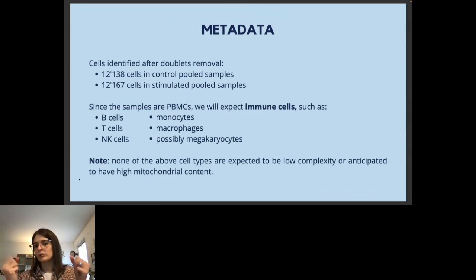We have two pooled groups, the controls and the stimulated. They both have around 13,000 cells. Since we are working with PBMC, we expect to have some immune cells in our sample: B cells, T cells, NK cells, monocytes, and so on. In this case, it is highly important to know which kind of cells you expect to be in your data set, and also their numerosity. How different are these cell types?